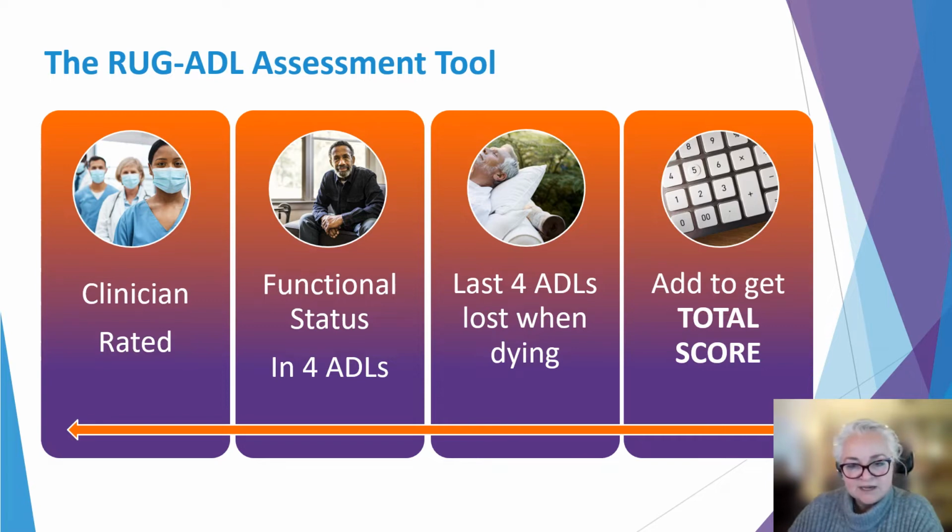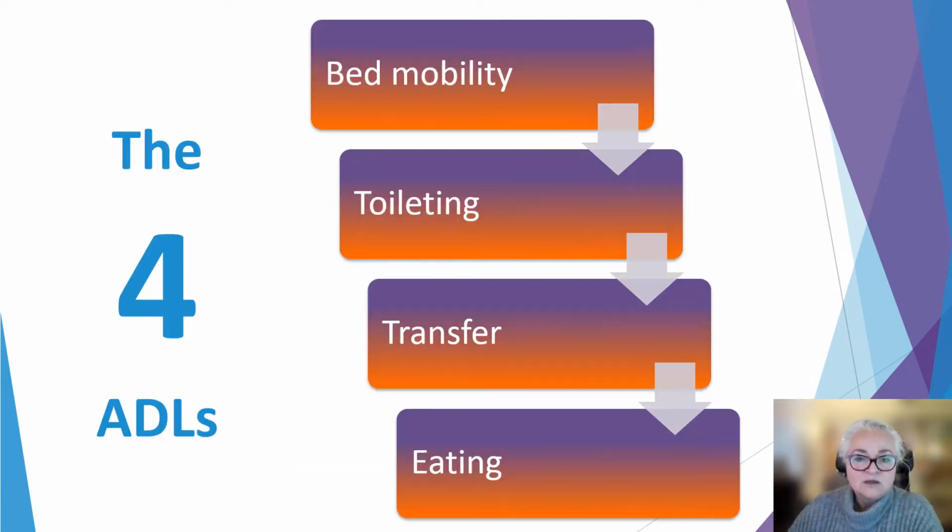The important thing to say about the scoring for the RUG-ADL is that it's the total score we're looking for. The 4 activities of daily living are bed mobility, toileting, transfers, and eating.